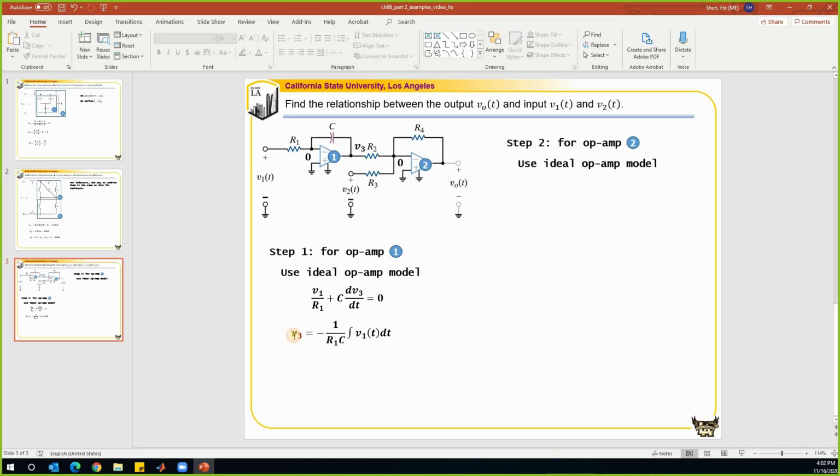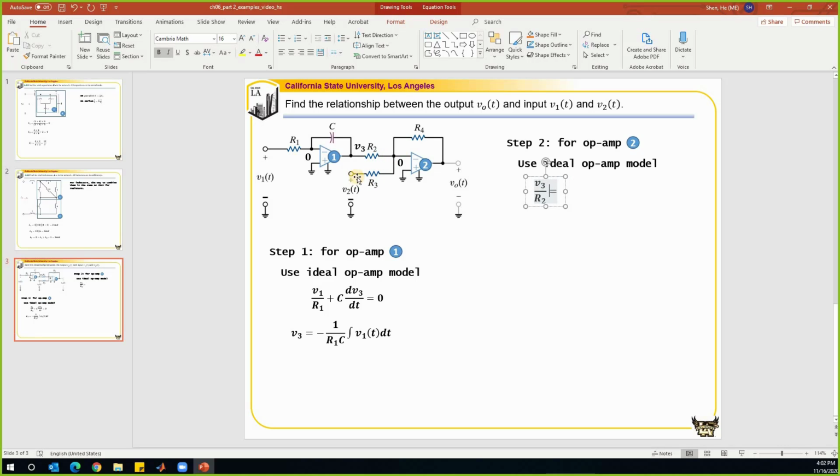So let's write that equation. We count all the currents going into this node, and they add up to 0 because the current leaving this node is equal to 0. The current going into this node from this branch is equal to V3 minus 0 divided by R2. So V3 divided by R2.